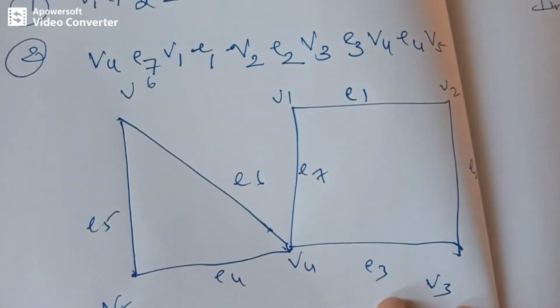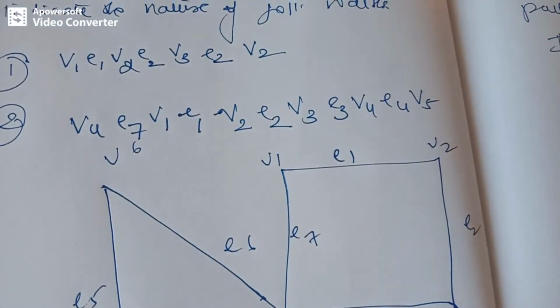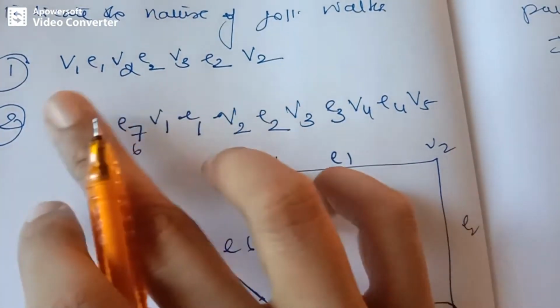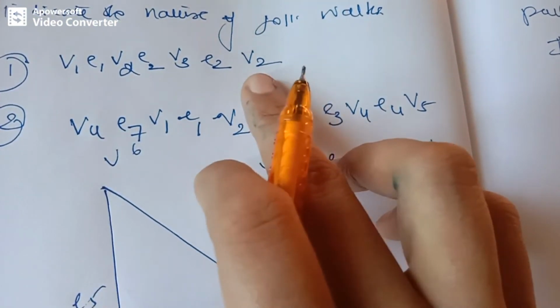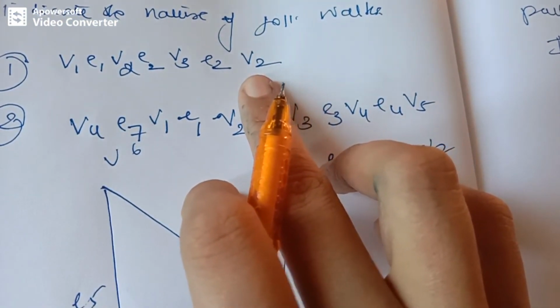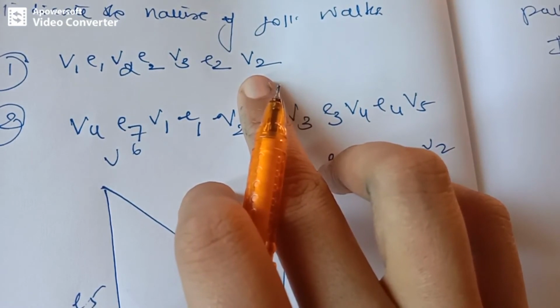Let us say this is the graph. So according to the sequence, we have to determine what kind of walk it is. It starts from V1 and ends at V2, so it is an open walk.